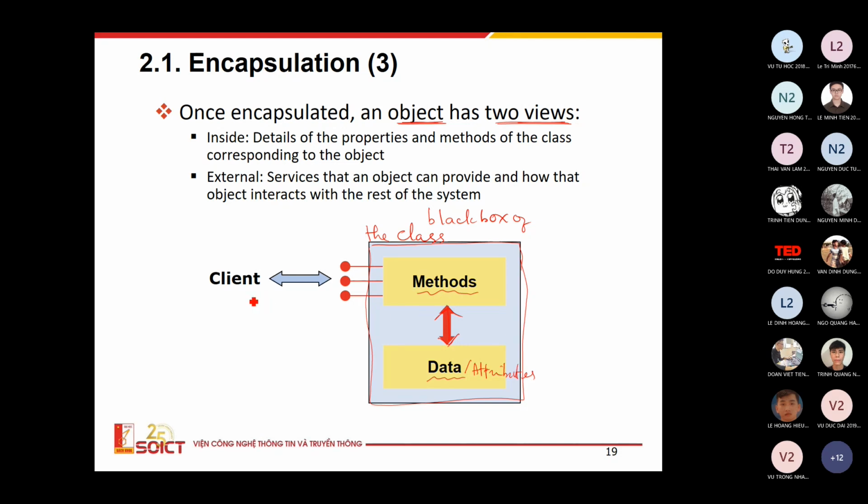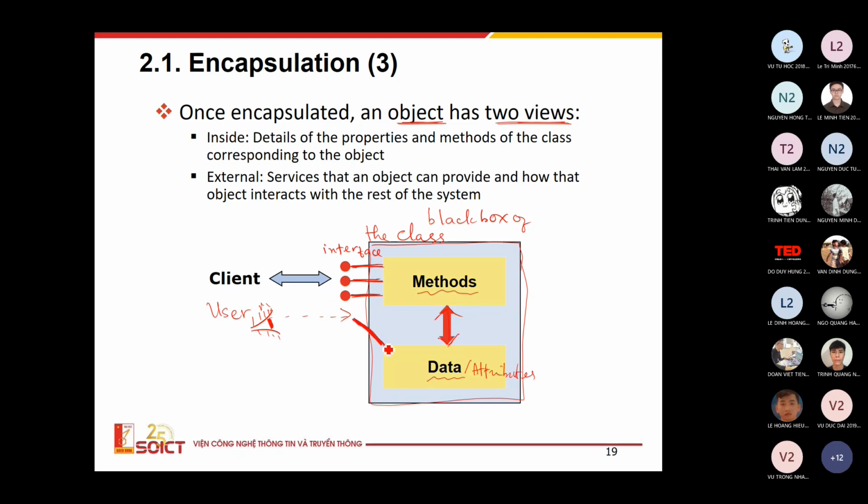And outside the class, we will have how the user or the client can see the class. Yeah. For example, if you provide to the outside the interface, this is the illustration for the interface. If you provide them the interface with the method, the client can see the method.